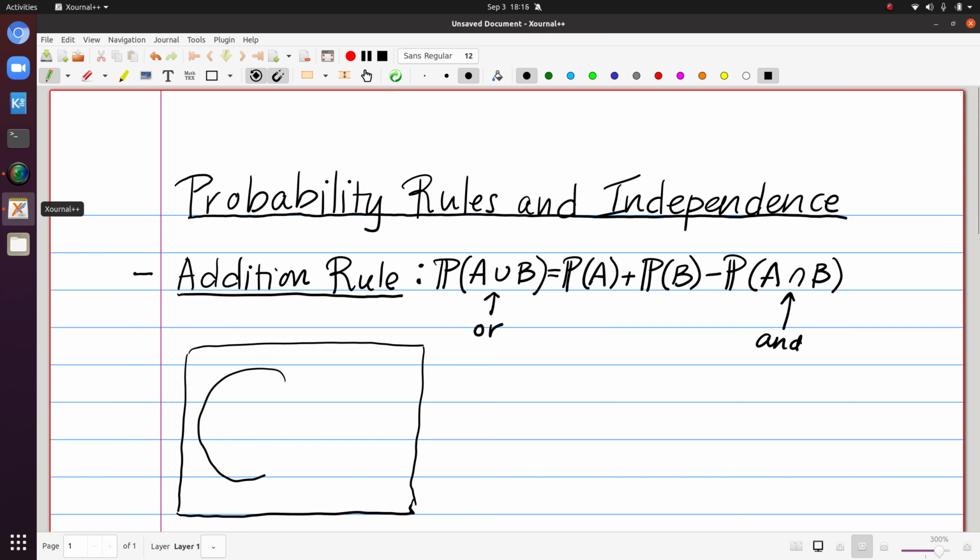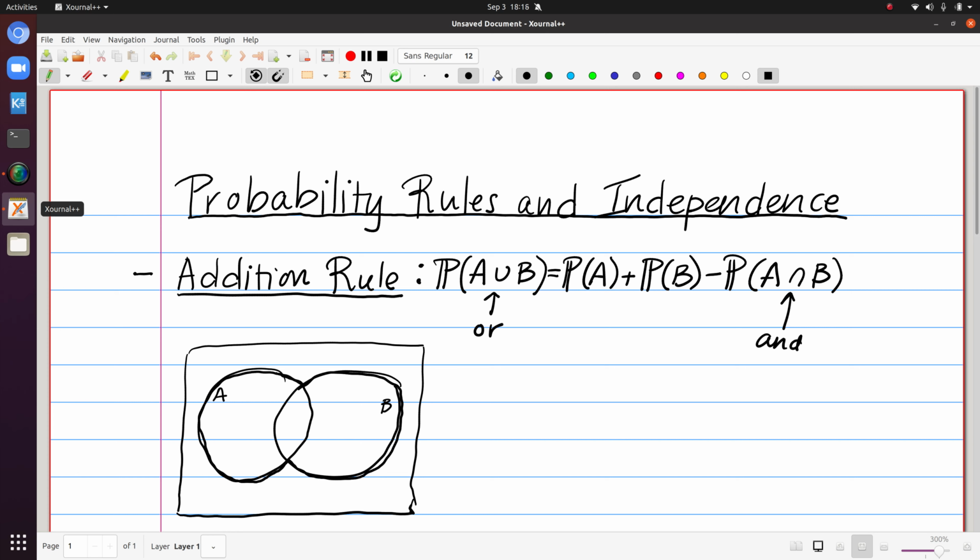So if I have A and B, then we can think about what would happen if we're looking for the probability of A or B. And importantly, if I talk about A or B, I'm really looking at anything that lies in either of these two circles. So it's going to be this whole shape here.